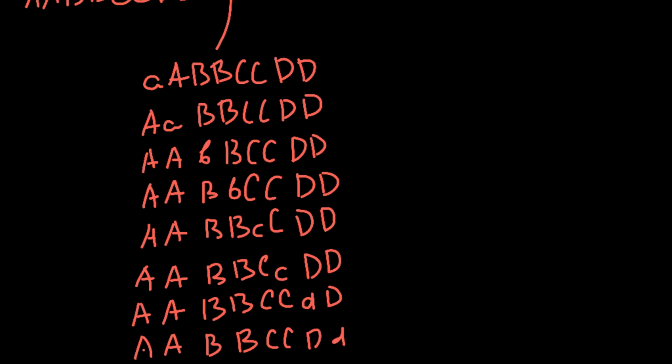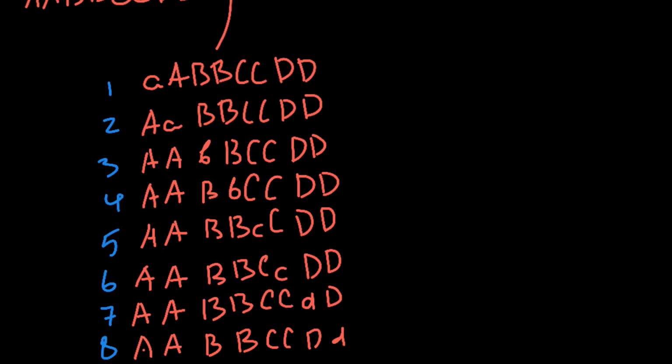So one more time, we have 1, 2, 3, 4, 5, 6, 7, 8 combinations. So 8 combinations, how we may have 7 dominant alleles and 1 recessive.